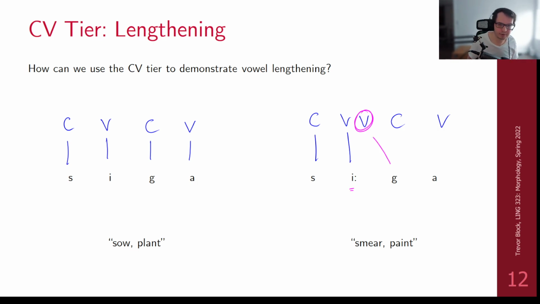But that's not a vowel, so that cannot attach to the G. Instead, it's being forced to attach to the same E, giving us basically a double E, and that's what's creating that length. Then the rest is assigned as normal. So we can explain lengthening in base forms with different CV templates.